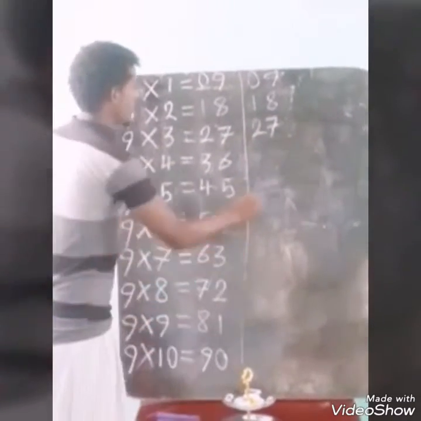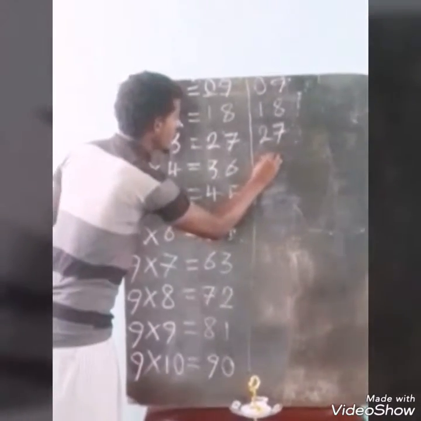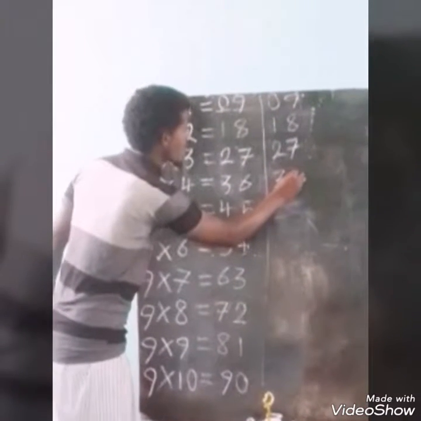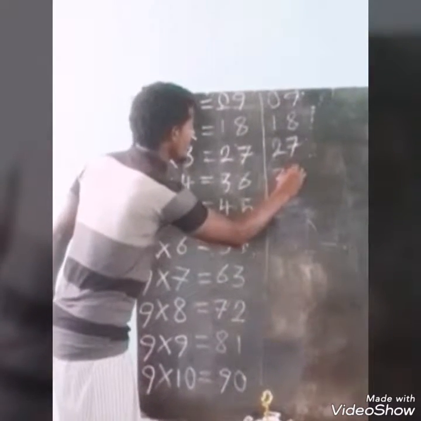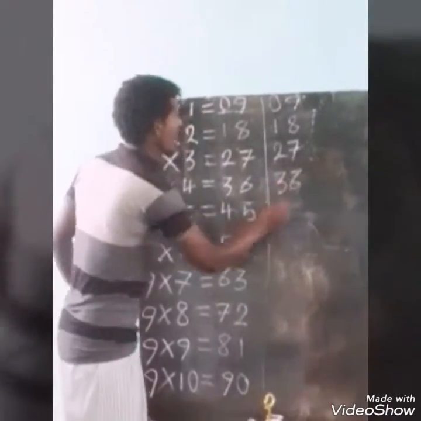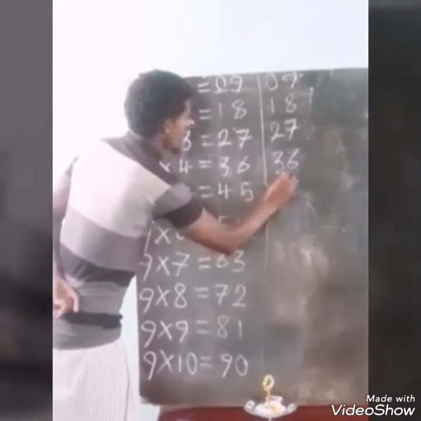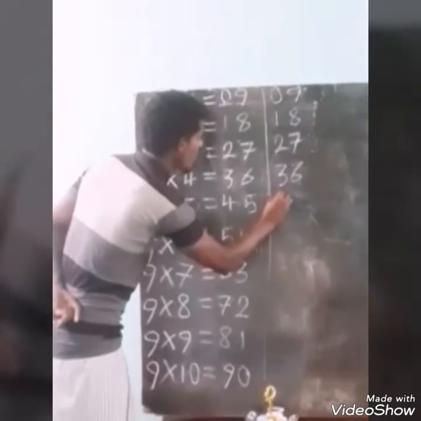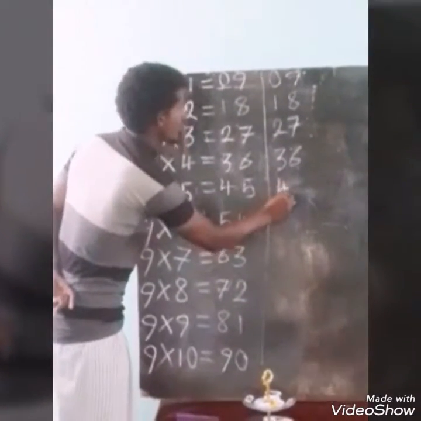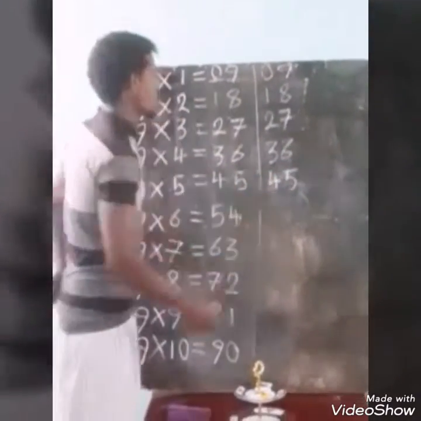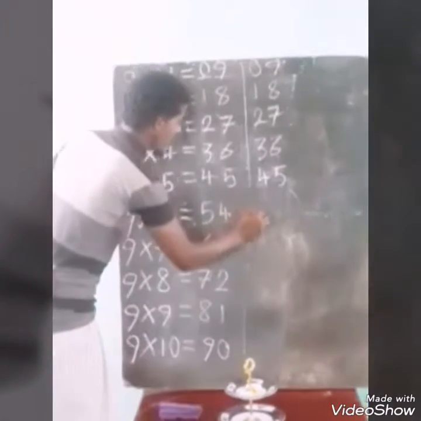and it is going to be 27. And here I am going to add 1, and here I am going to minus 1, and it is going to be 36. And here I am going to add 1, and here minus 1, and it is going to be 45.